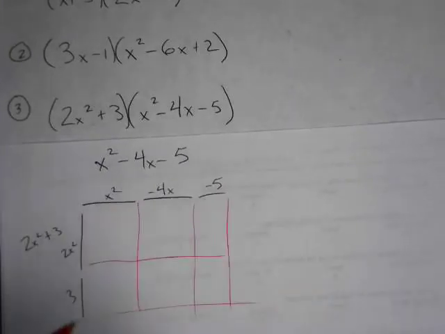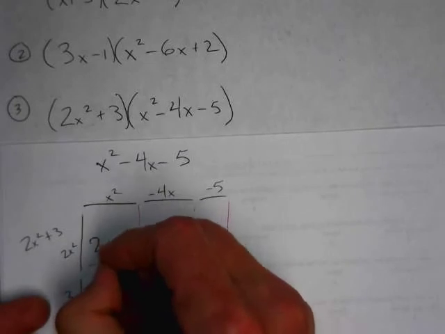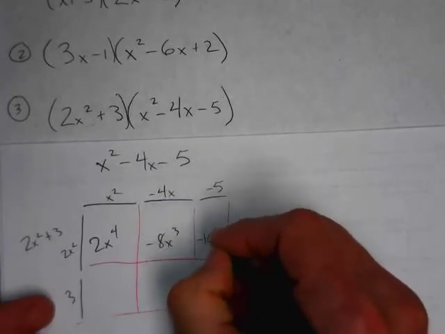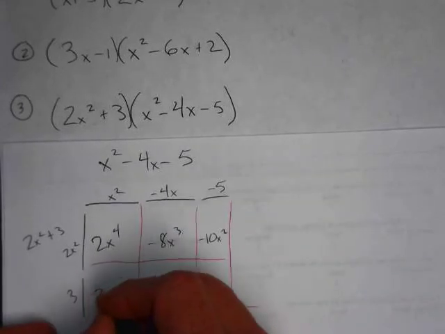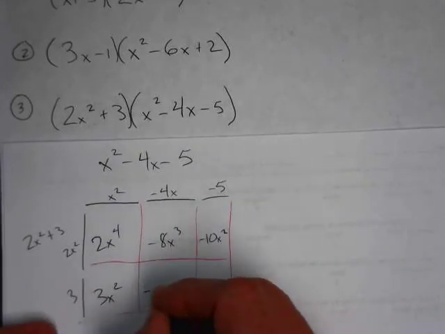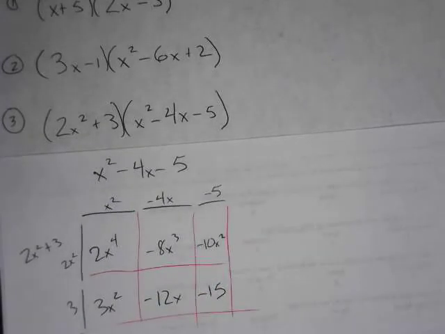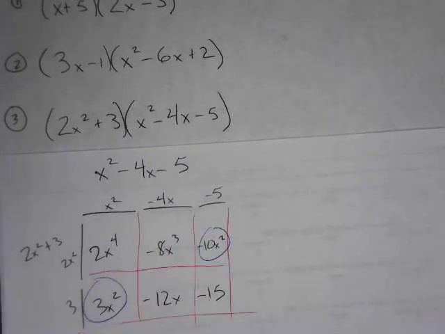Now 2x squared times x squared: 2x to the fourth, minus 8x to the third, minus 10x squared. 3x squared here, minus 12x, and minus 15. Right? Now I'm just looking for like terms. And the only like terms I have are simply these two. Like terms are easy to see in this method.